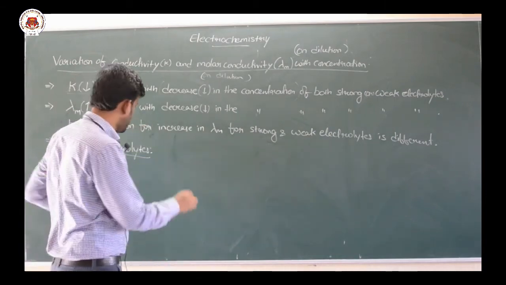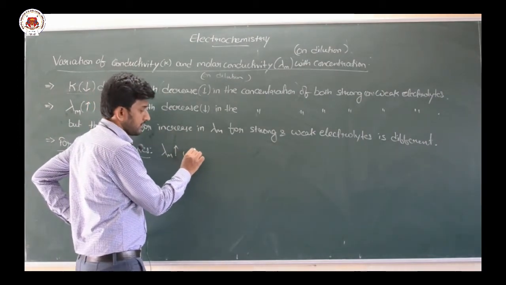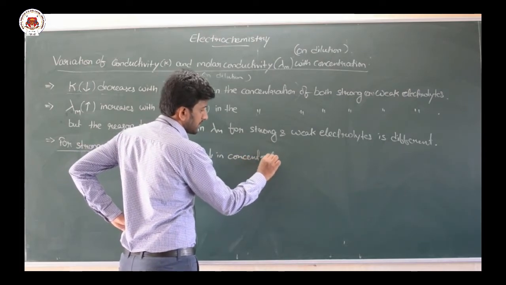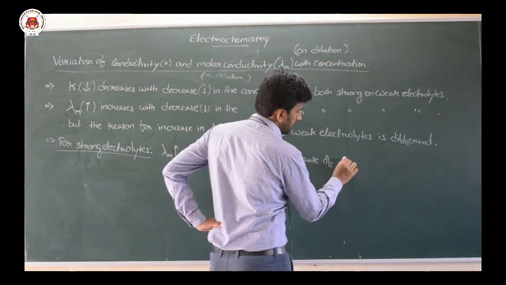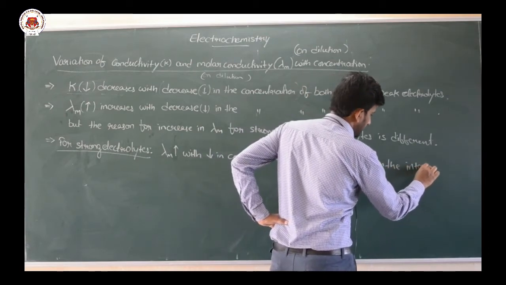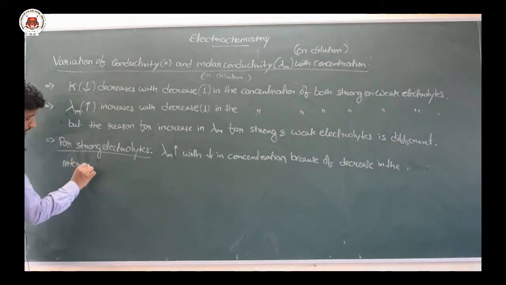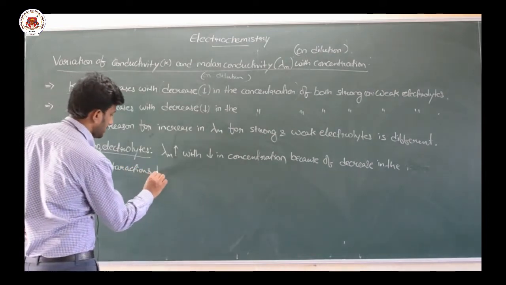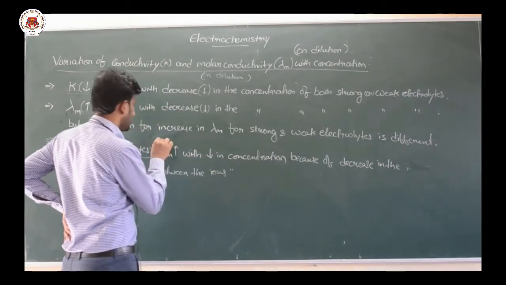For strong electrolytes, lambda m increases with dilution, lambda m increases with a decrease in concentration because of decrease in the inter-ionic attractions between the ions. Now what does this mean?